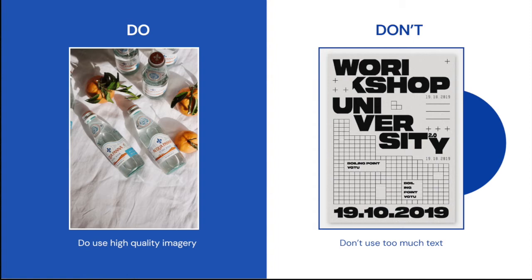So any of the necessary text you feel needs to be included on an image, utilize that inside of your ad copy. The text that accompanies the ad is a much stronger and more reliable place to put all that information.